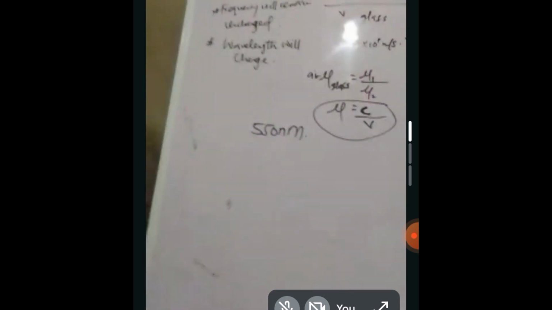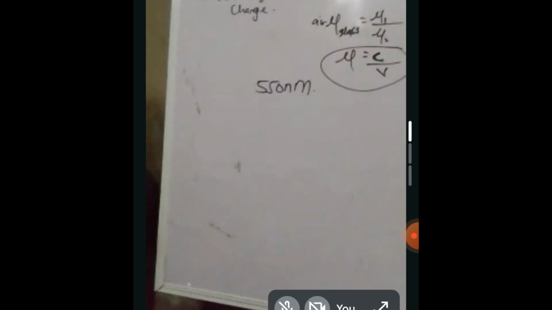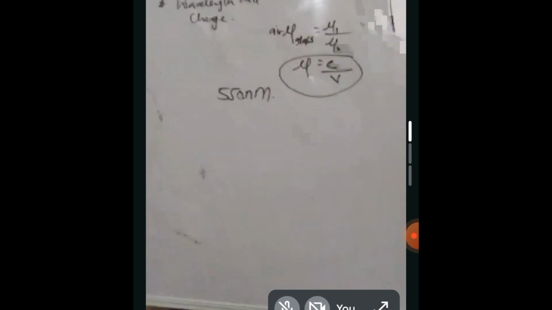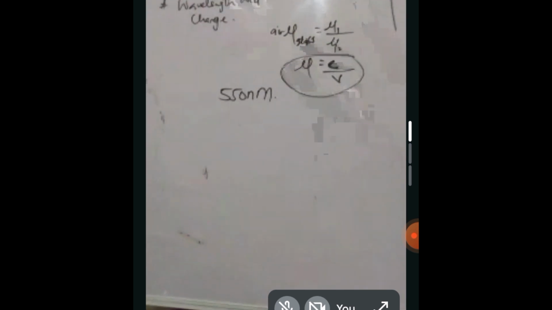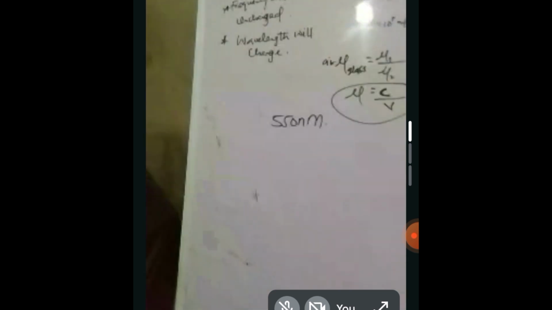The incident beam makes an angle of 60 degrees with the normal, and the refracted beam makes an angle of 45 degrees with the normal. Calculate the refractive index of the material.